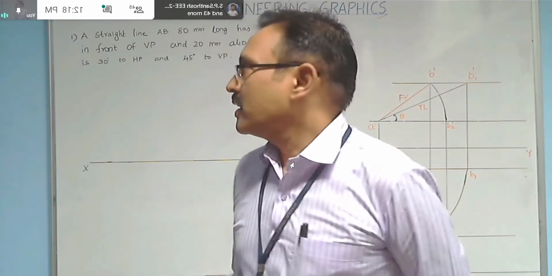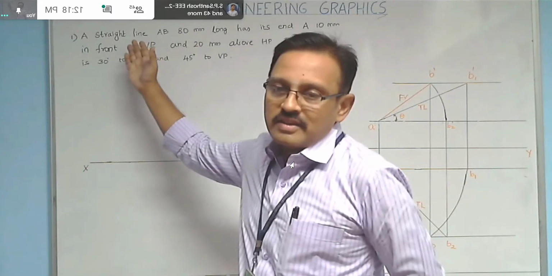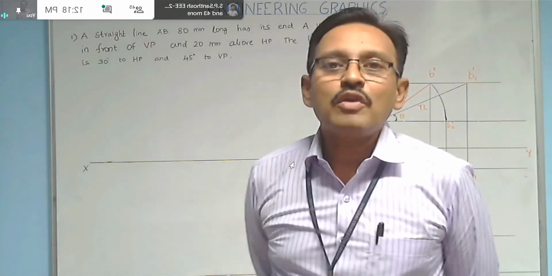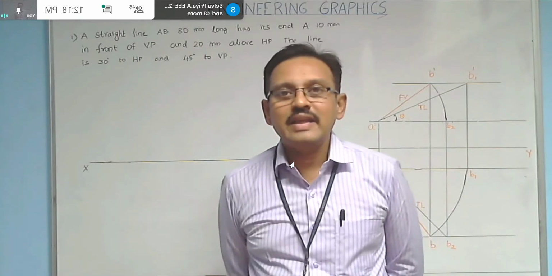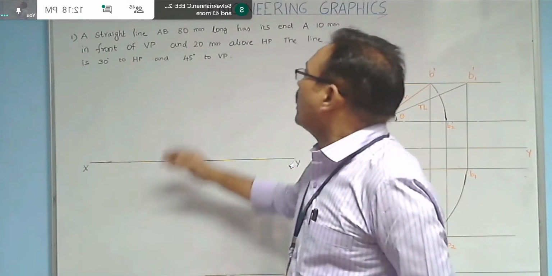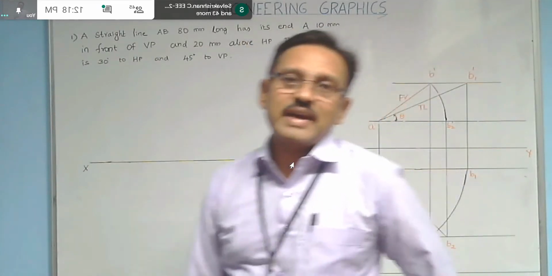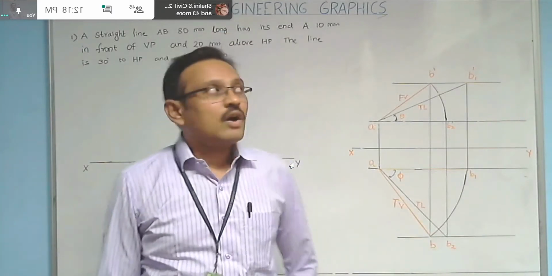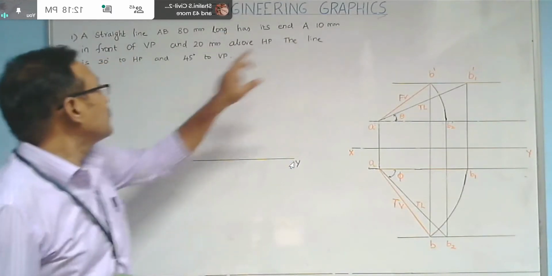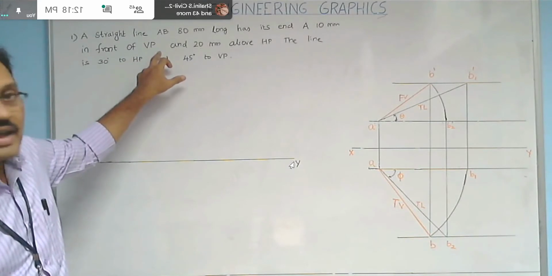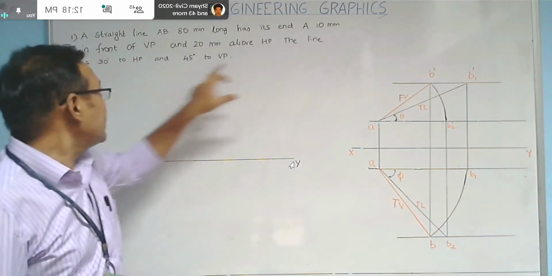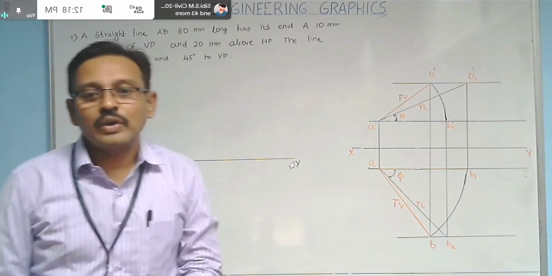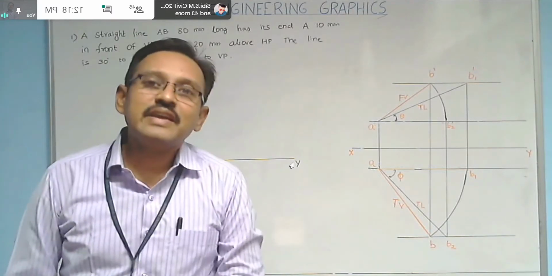Here you can see that a straight line AB of 80 mm long has its end A 10 mm in front of VP and 20 mm above HP. The line is 30 degrees to HP and 45 degrees to VP.